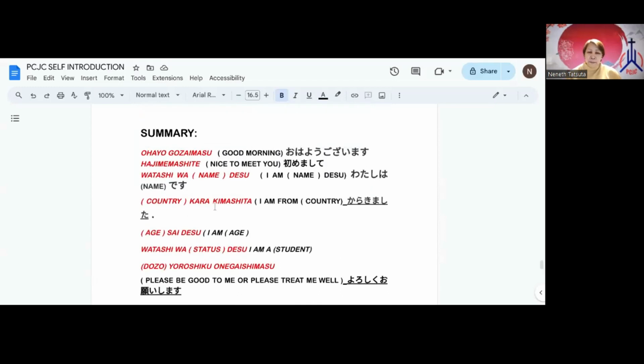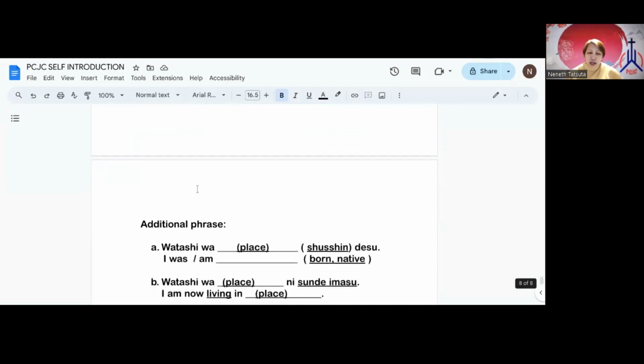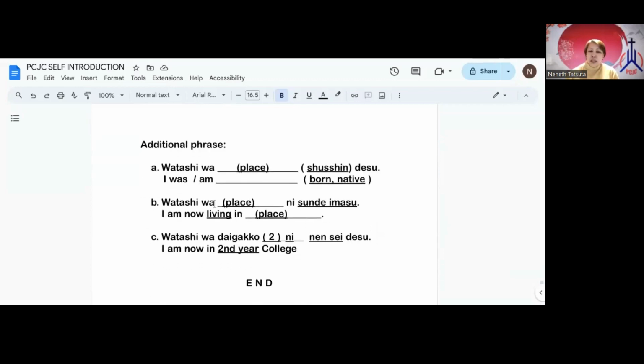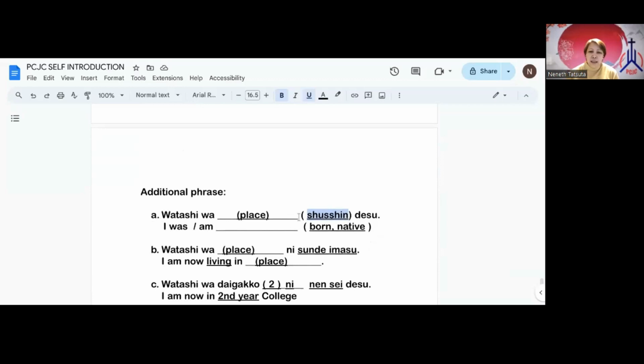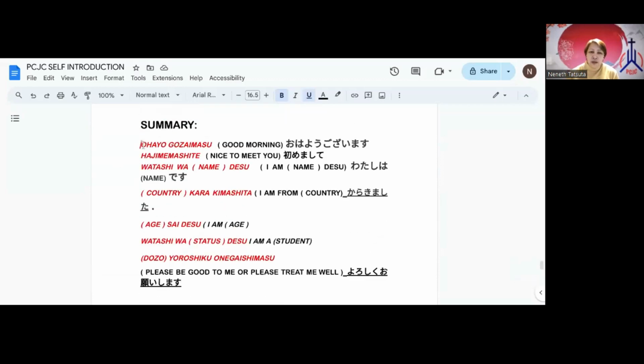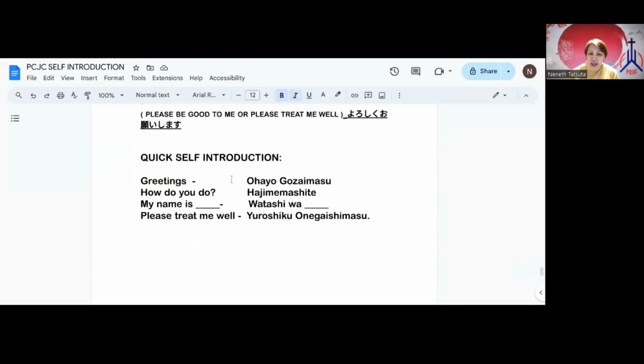Like this one. We can also add, for example, an additional phrase, the word shushin. So, for example, ohayo gozaimasu, hajime mashite, watashi wa Tatsuta Neneth desu.